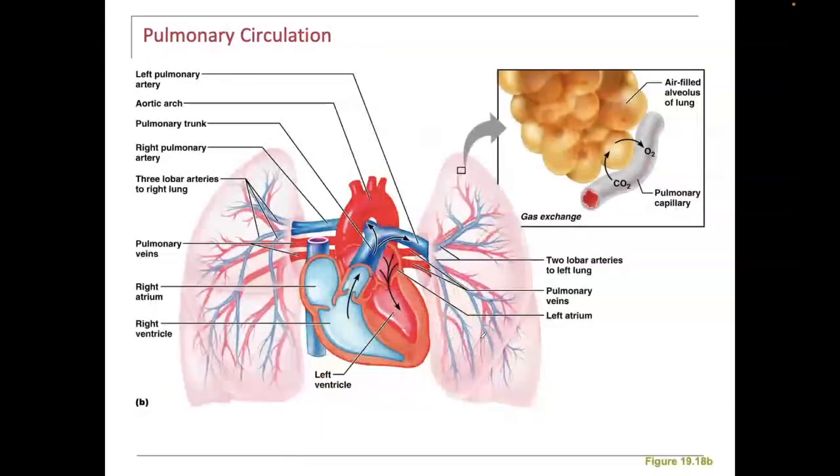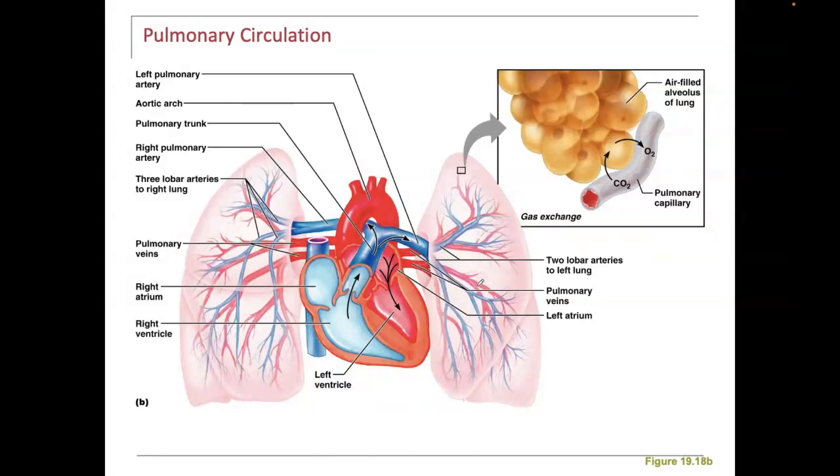Now, what I'd like for you to see and to understand here is the general flow and the general concept. In this picture, we're looking at the heart in the center, and we're looking at the lungs. So the heart is trying to pump blood to the lungs. Well, what type of blood is the heart trying to pump to the lung?